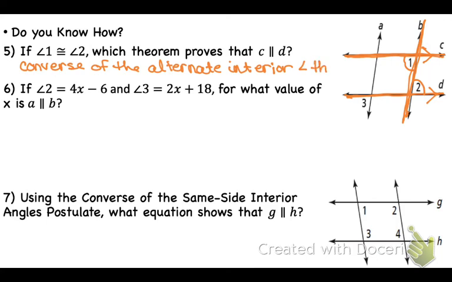And I just put a symbol for it, because if you're like me, your paper is running out of room. Is your paper running out of room? No? Good. So the converse of the alternate interior angle theorem tells you that.